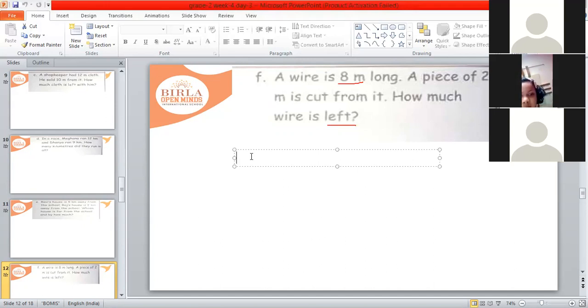So we'll write: length of the wire is equal to 8 meters. The next line, children, start writing: length of wire cut is equal to 2 meters.